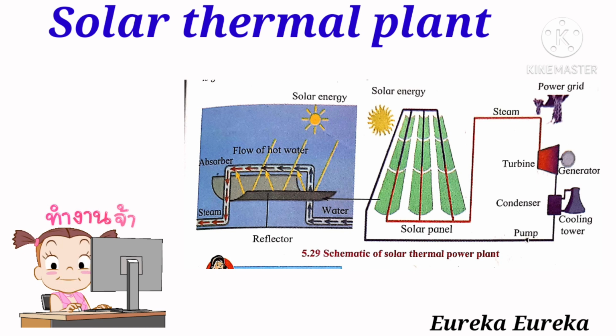This energy of the steam is used to drive the turbines. The turbines are in turn connected to a generator, and in this manner, electric energy is generated. So this is all about how solar energy is used to generate electricity.